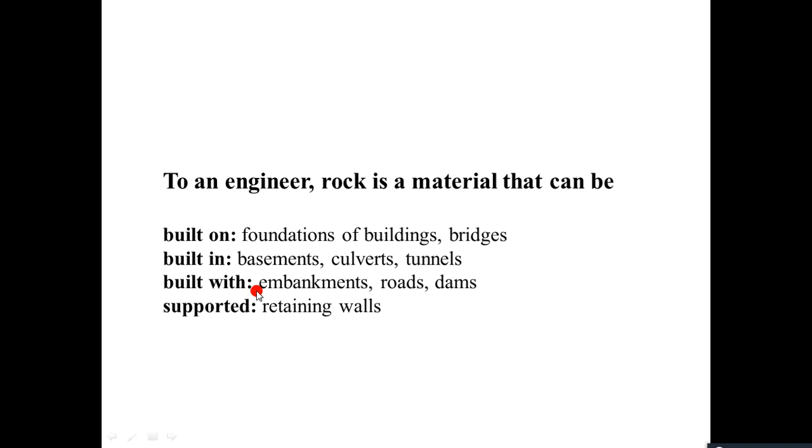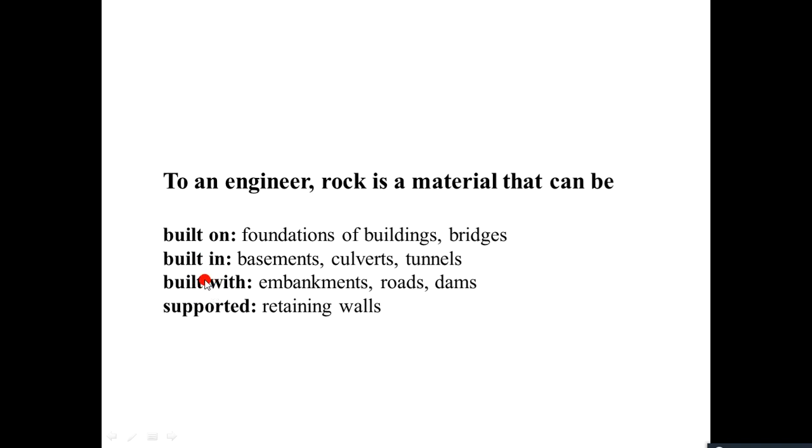So if we say how an engineer looks at rocks, then to an engineer the rock is a material that can be built on. Okay. On a rock he can build various structures. Built in means within the rock also these engineering structures can be built.